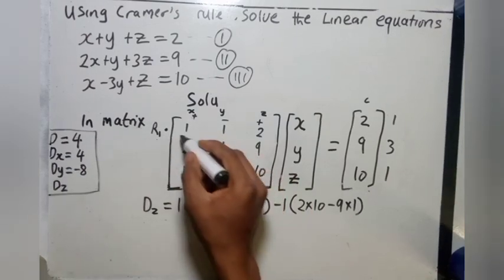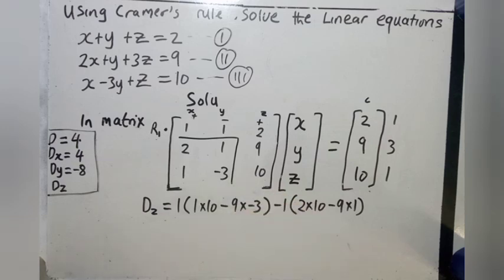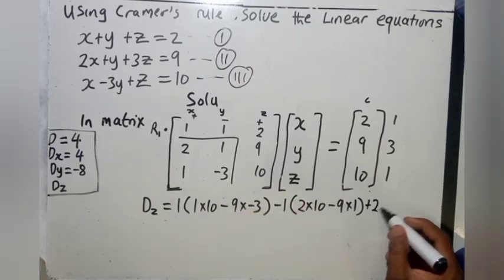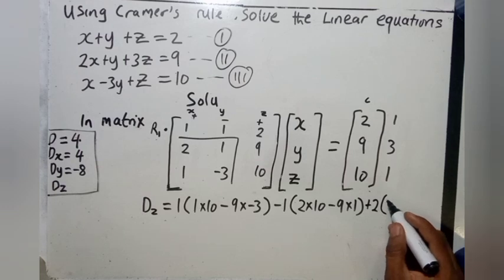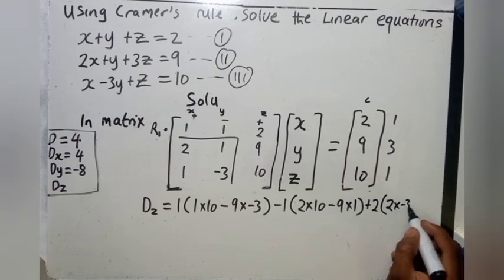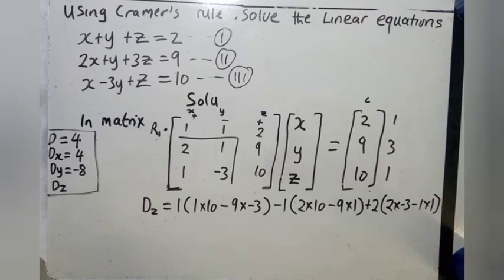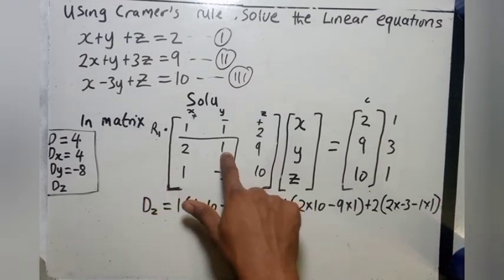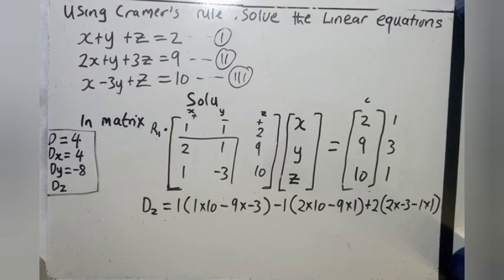So for the next one, we'll be having plus 2. We have 2 times minus 3 minus 1 times 1. So we have gotten it.